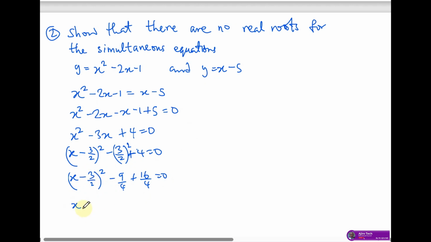X minus 3 over 2 squared plus 7 over 4 is 0. So in this case, I will see that x minus 3 over 2 is equal to negative 7 over 4. I didn't say this question properly.